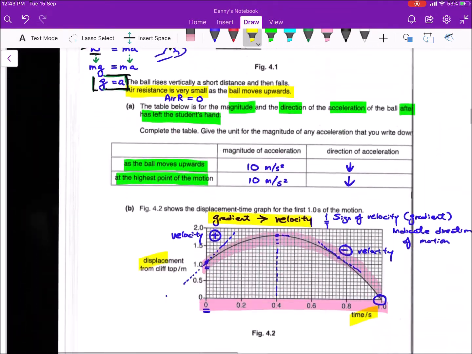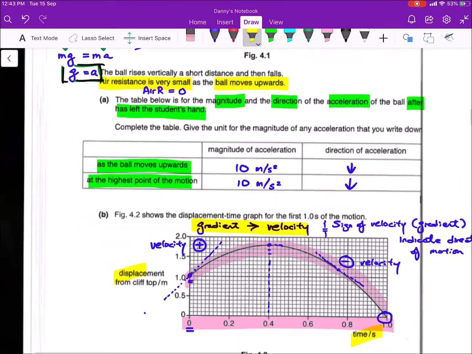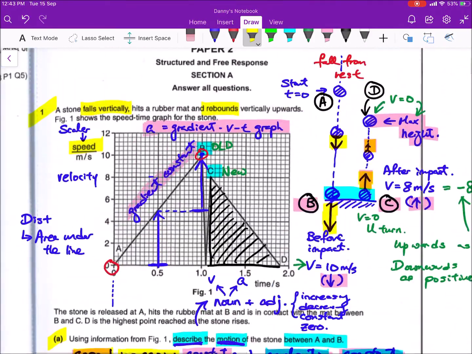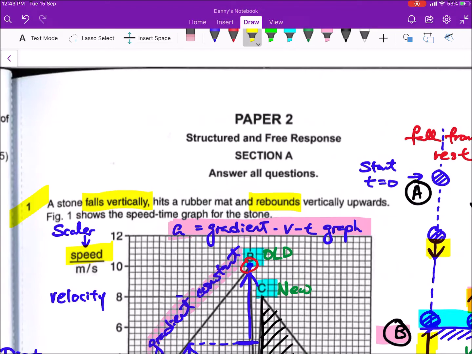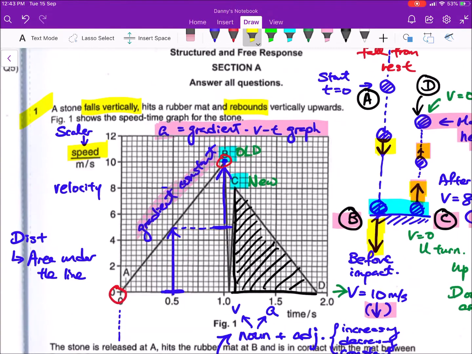We said that acceleration is given by the gradient of your speed-time graph or your velocity-time graph, right? So as you can see, this kind of content is tested repeatedly throughout the years. So that's why it is very crucial that you include this in your notes and memorize it. If you do not know this content, you can't even attempt the question.